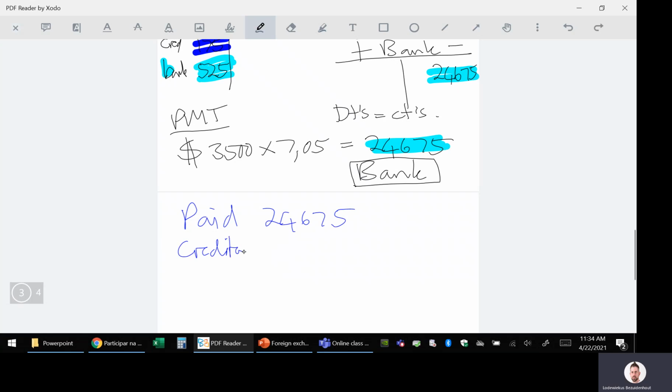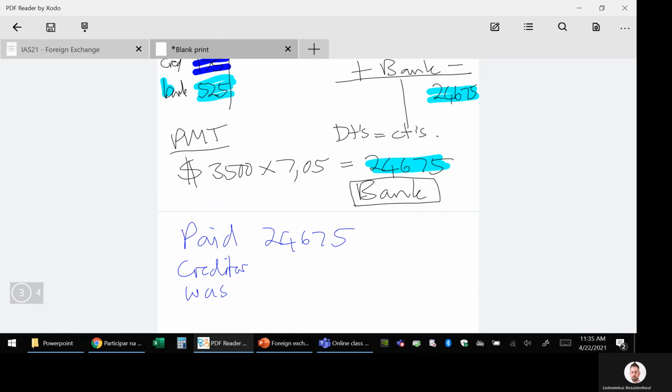My creditor was, oh sorry, that's a mistake, 23,975 is the original amount. The creditor was on year end 24,150, and because I don't adjust the creditor on that payment date, I just make it 0.